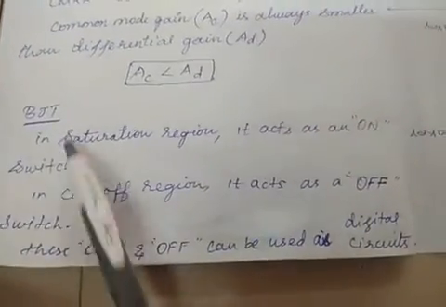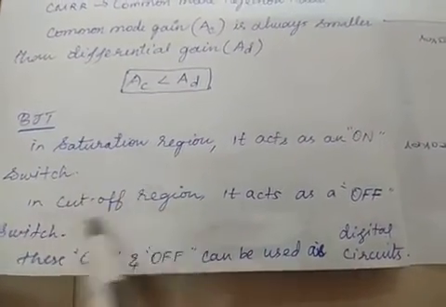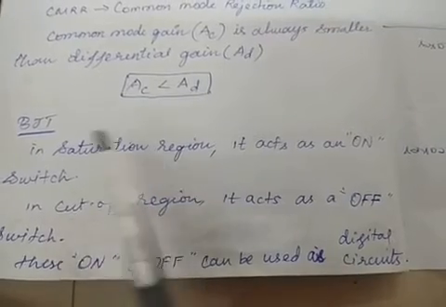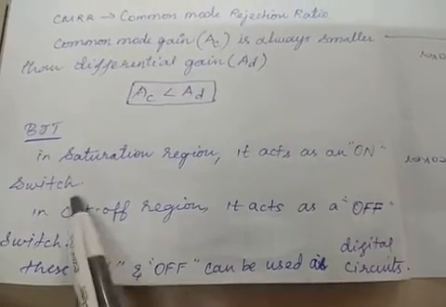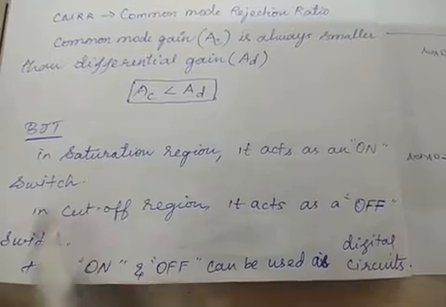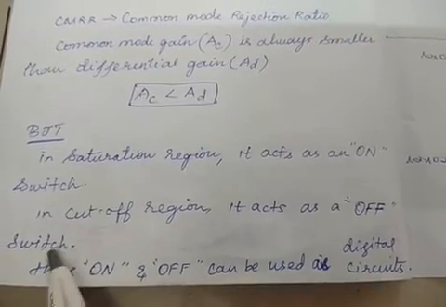Next one, BJT. In BJT we know three regions: saturation, cutoff, and active region. In the saturation region, it acts as an on switch. This we already discussed. We know this. In the cutoff region, it acts as an off switch.